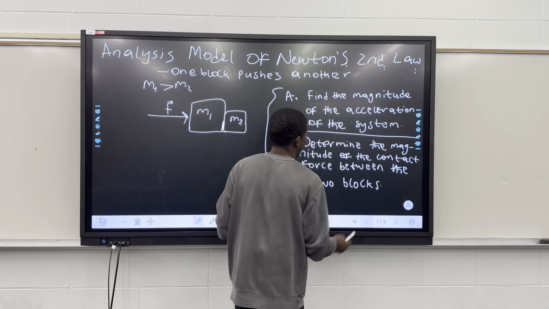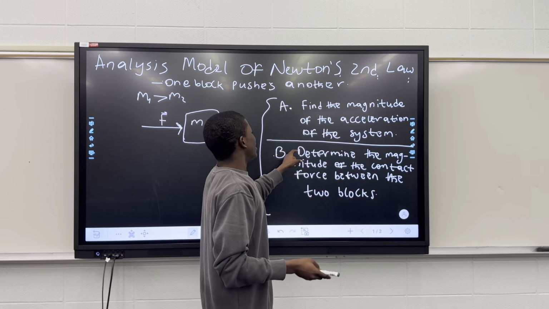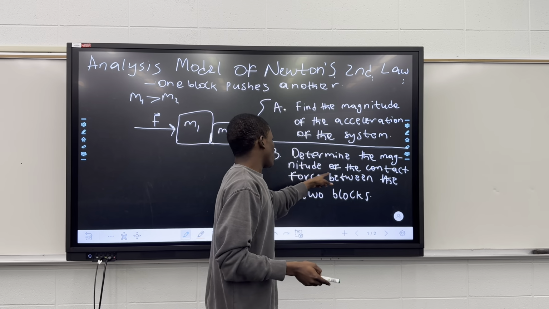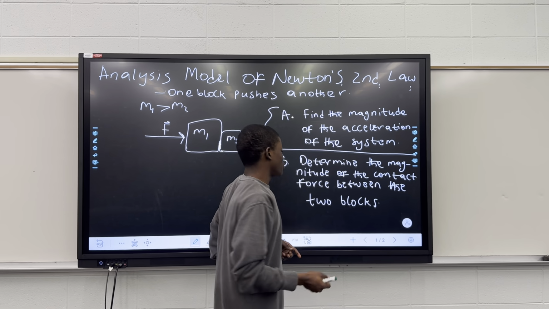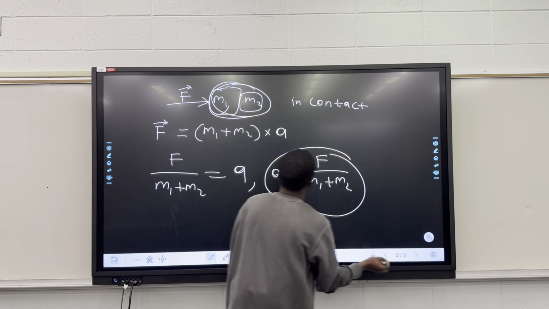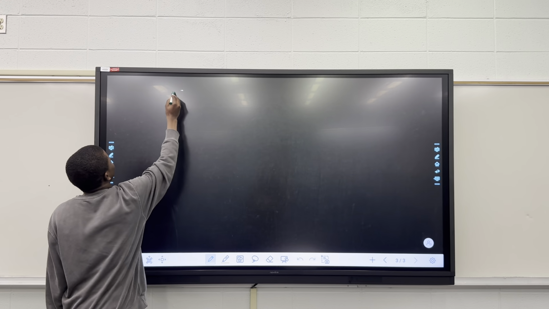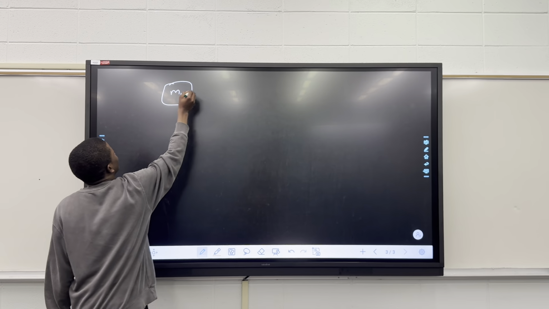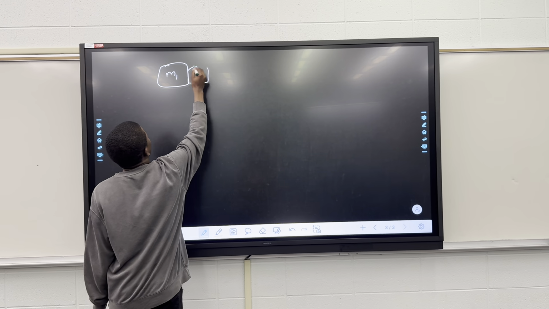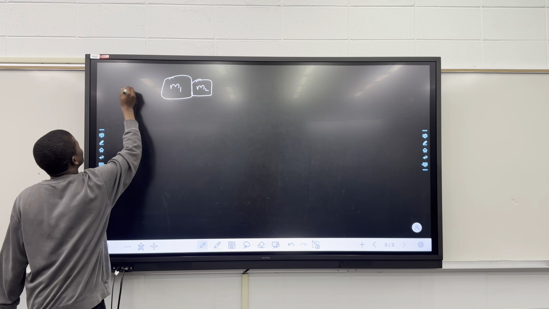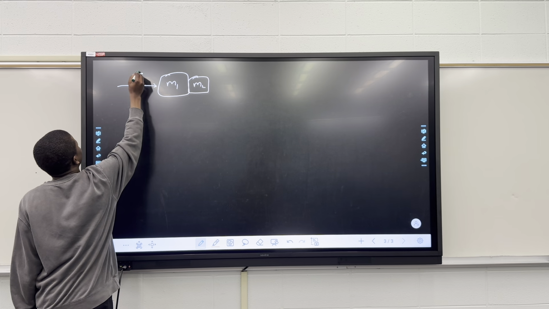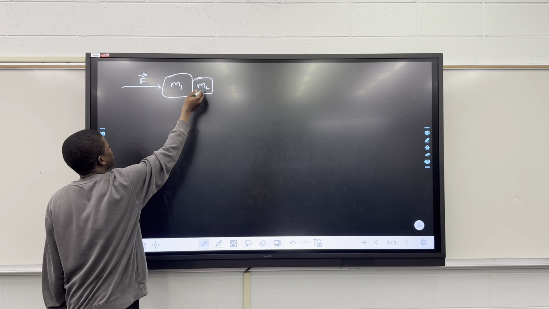The second question was to determine the magnitude of the contact force between the two blocks. Let's say we have M1 and then smaller M2. Force F is acting on M1, which is pushing M2.